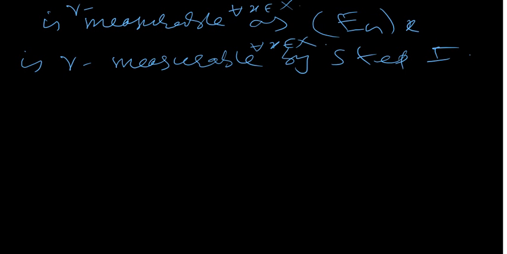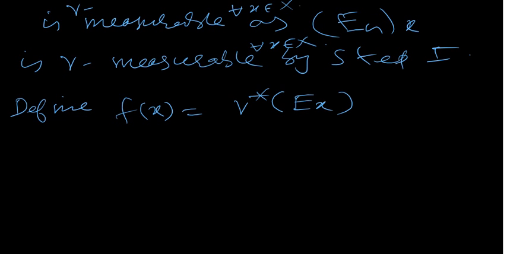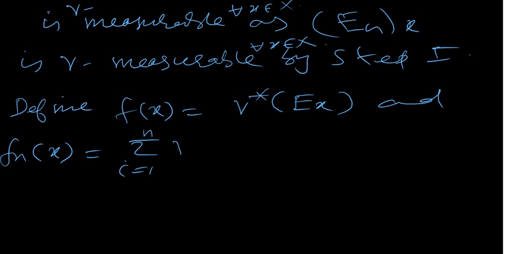Now define the following functions. Define f of x equal to nu star of Ex, which we have to show is an integrable function, and let's define fn of x, which is the summation i runs from 1 to n of nu of Eix, for all x in X. We don't need to write nu star here because they are members of S tensor sigma.